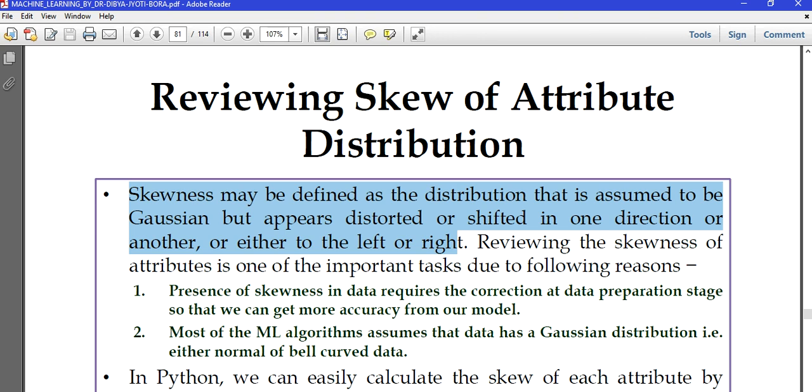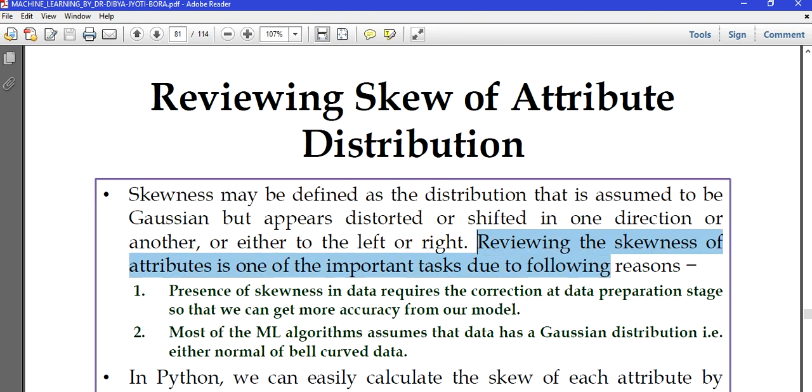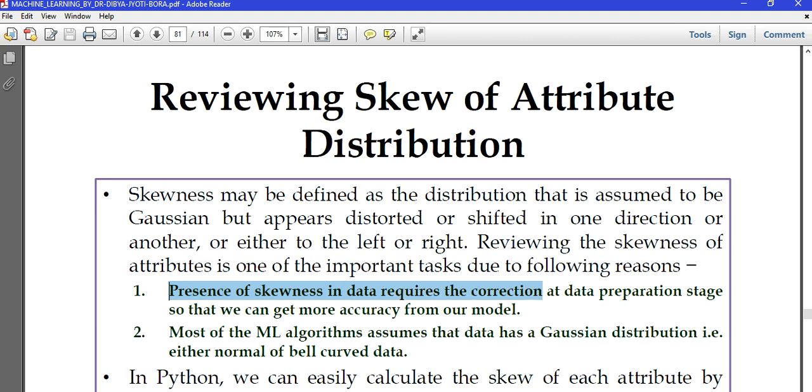Reviewing the skewness of attributes is one of the important tasks for the following reasons. First of all, the presence of skewness in data requires corrections at the data preparation stage so that we can get more accuracy from our model.